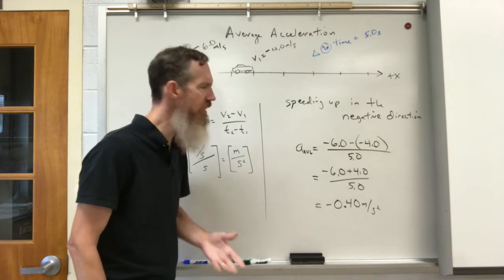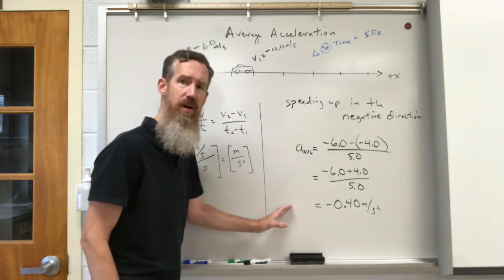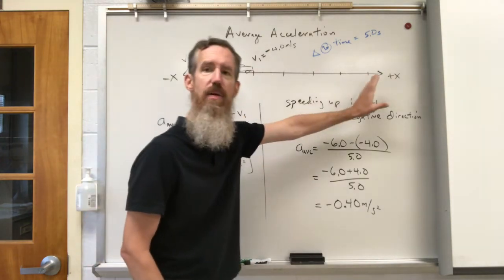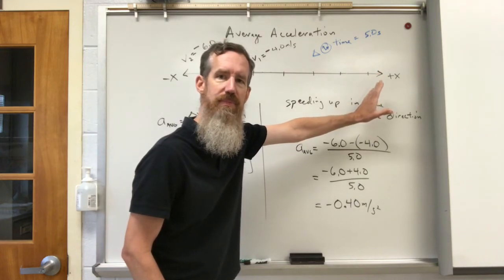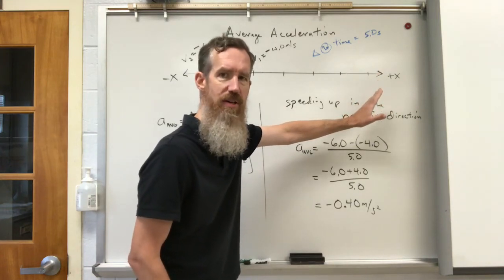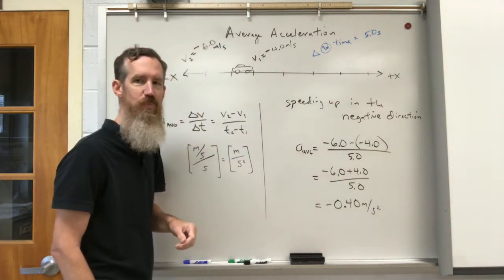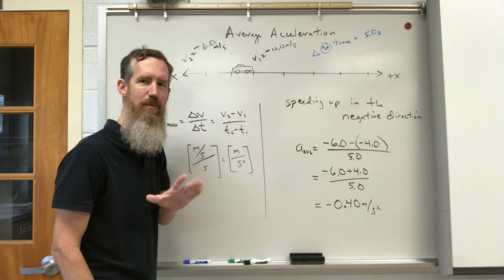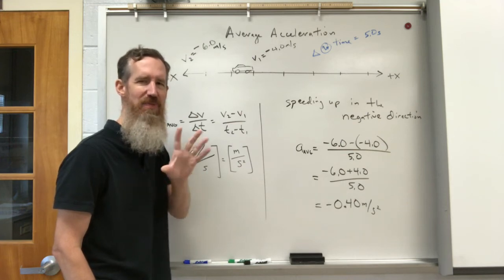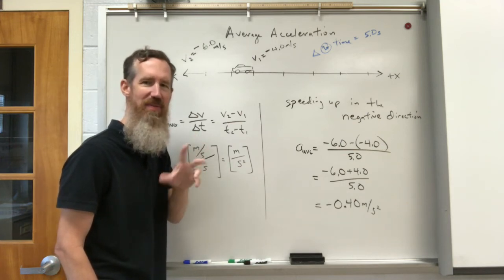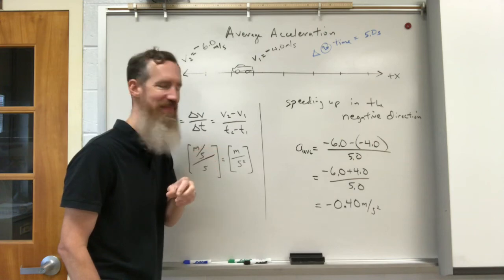So that was weird, because when we had a negative acceleration before, we were moving this way, but we were slowing down. Now we have a negative acceleration and we're moving this way, but we're speeding up. We're going to talk a little bit more about that soon. We're going to put those pieces together, but keep that in mind.